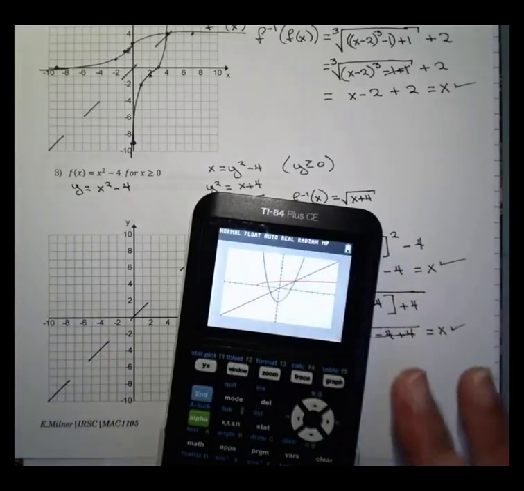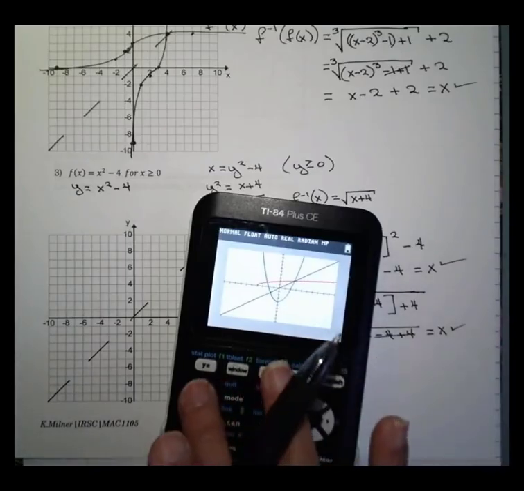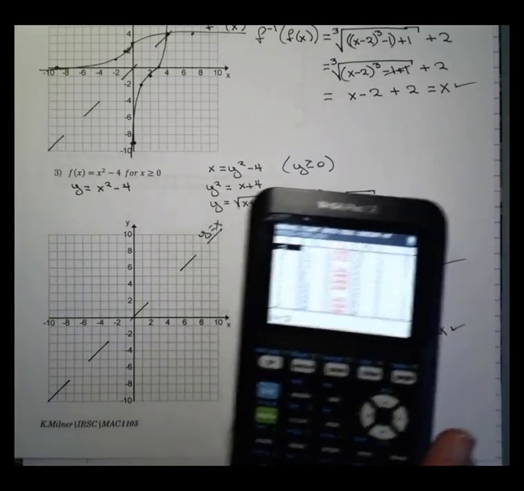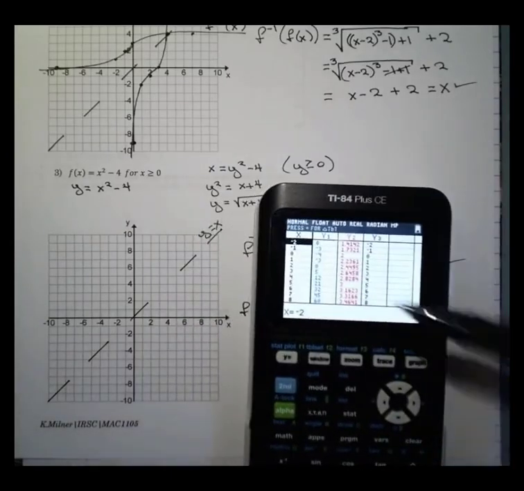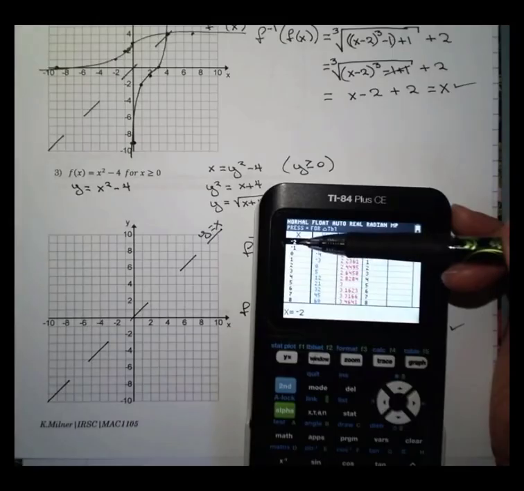Let's take a look and make sure, because we've already proved this with our proof, but let's take a look at the table. I'll go second graph and look at my table, and I'm going to plot a few points on this thing and just see how it comes out. I want these to be reverses of each other, so I'm going to plot some points on f of x first.